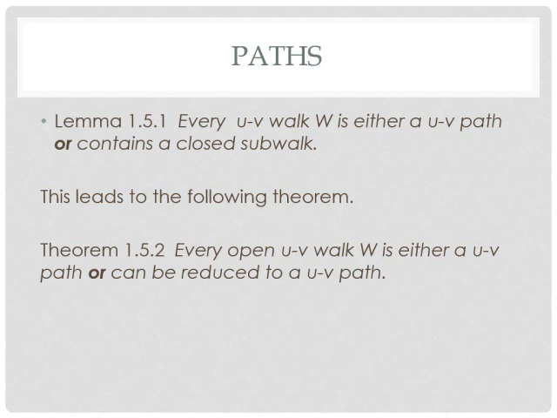So from the preceding slide, we know we can delete that closed subwalk without changing the ability to go from U to V. So this leads us to the theorem. Every open UV walk is either a UV path or can be reduced to a UV path.